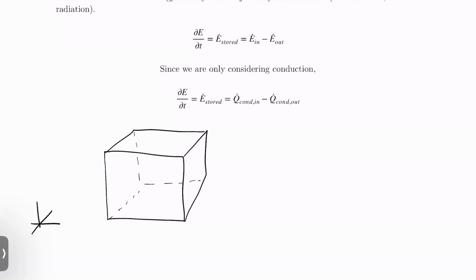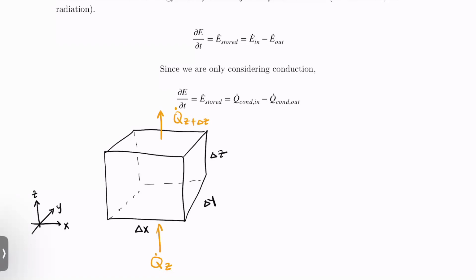Let's call this X, this is Y, and this is Z. We have our little differential cube that has sides of length delta X, delta Y, and delta Z. And then we have our flow in. So we have Q dot Z, then this is Q dot at Z plus delta Z. So this is our Q dot in the Z direction.